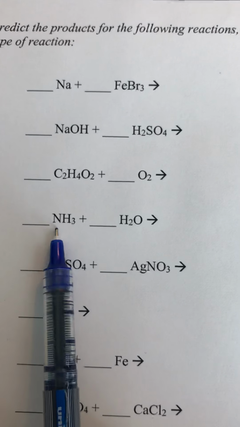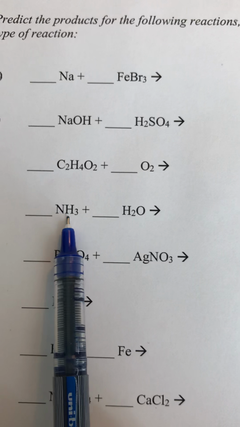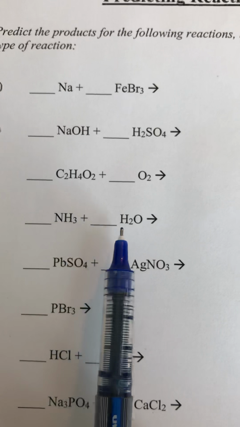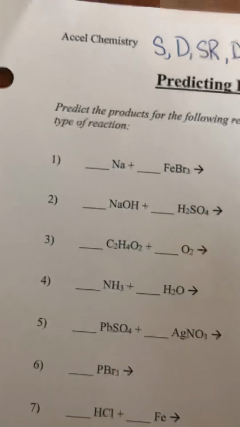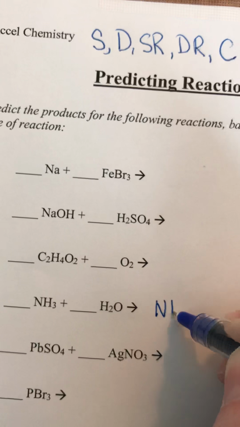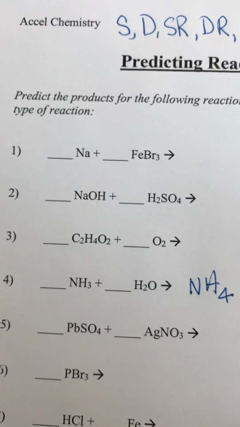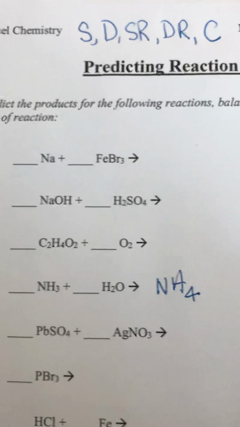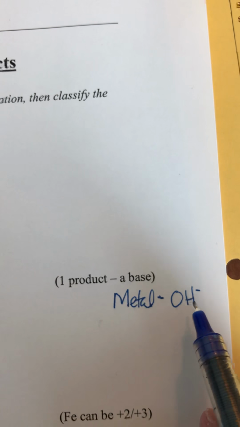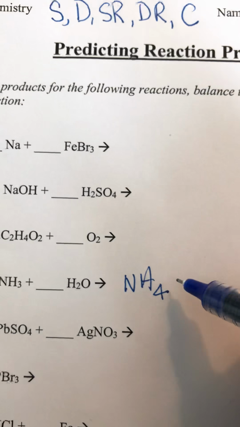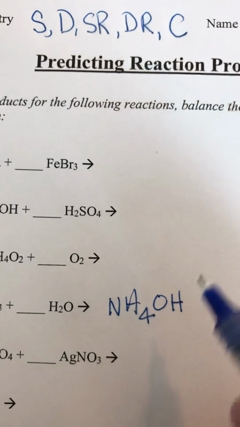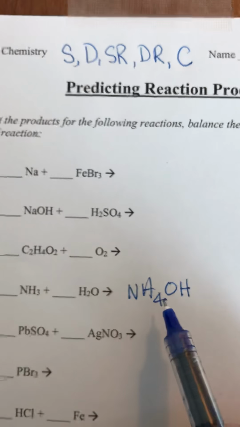So this is nitrogen and hydrogen, and we have hydrogen available that what we can make is an ammonium ion. There's our metal. And our metal will combine with our hydroxide. All right, so there's our hydroxide. And this has to be the formula of our product that we made.